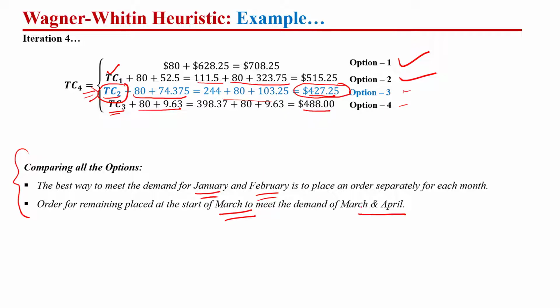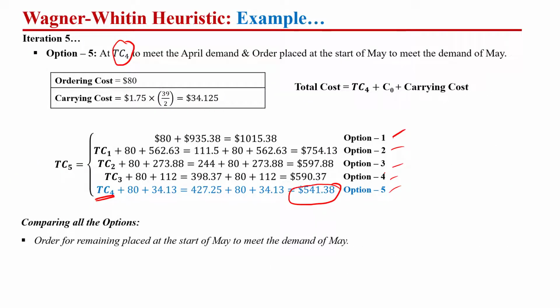But to meet the demand of March and April, we should place the order at the start of March. And to meet the demand of May, we should place the order at the start of May. Okay, that is what iteration number five is telling us.